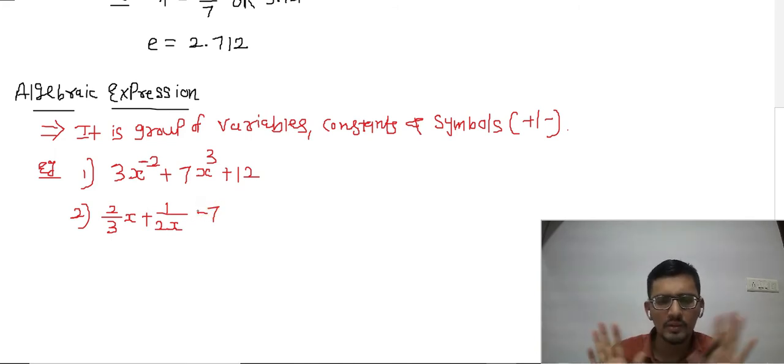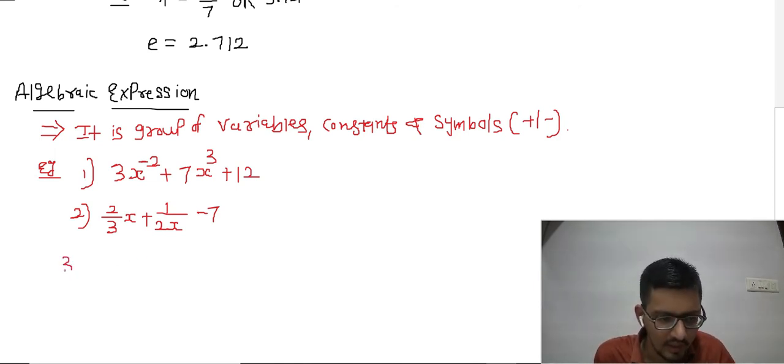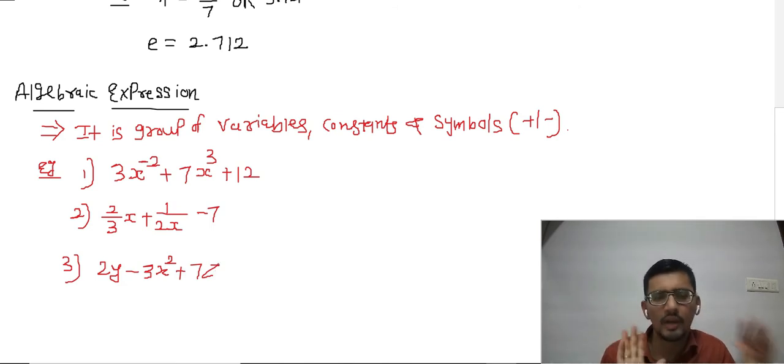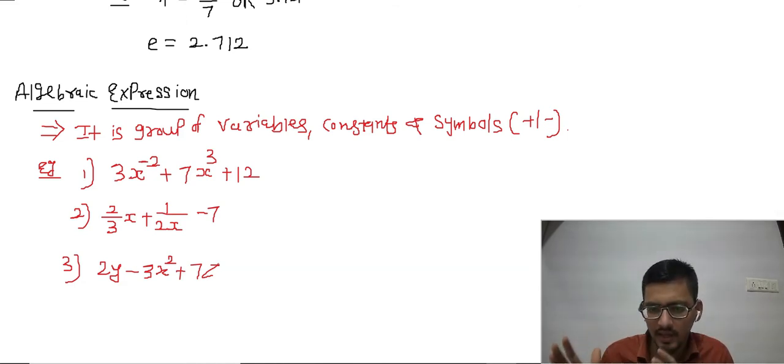Means no rules and regulations. In that a variable, constant and symbol should be there. It's not like you should use only one variable. Multivariable also you can use: 2y minus 3x square plus 7z. This is also called an algebraic expression. So what is the meaning of algebraic expression? Basically, it is a group of variables, constants and symbols.